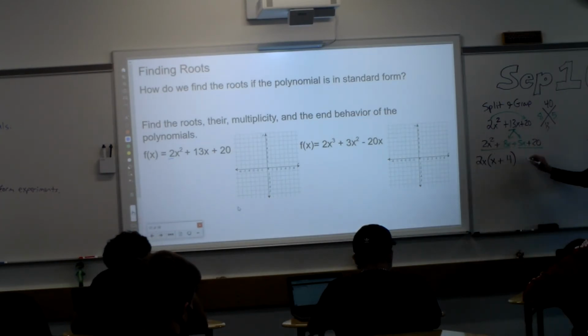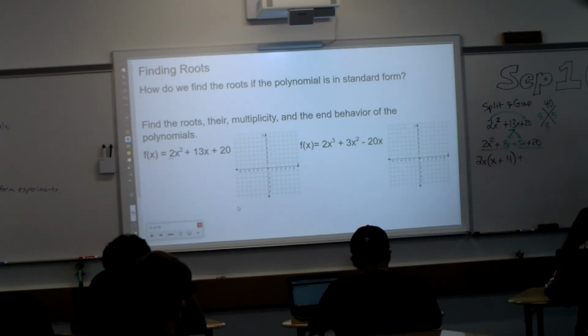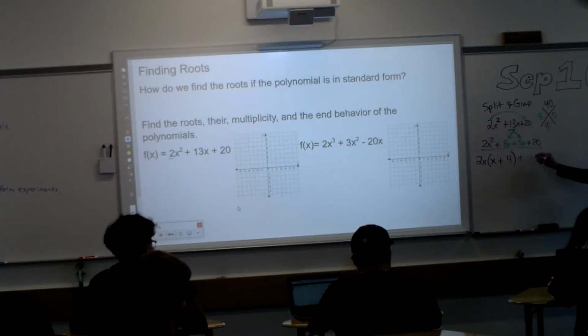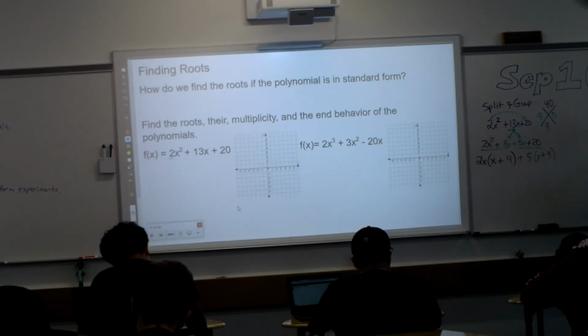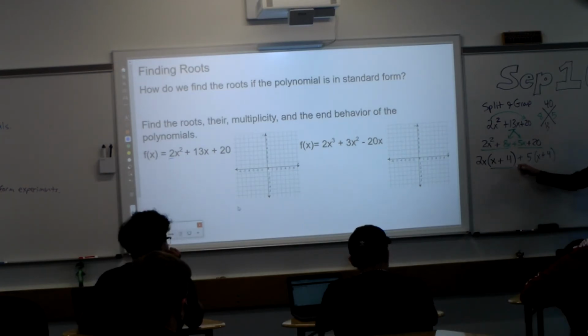Now look at this second group here. What do 5x and 20 have in common? The 5, right? 5 goes into both of them. 5 goes into 5x once. How many times does 5 go into 20? 4. So now I factored out the greatest common factor of the two groups. And look at this. What do they both have in common?